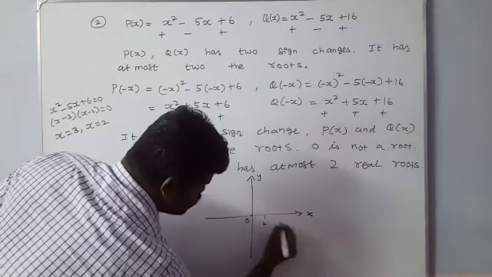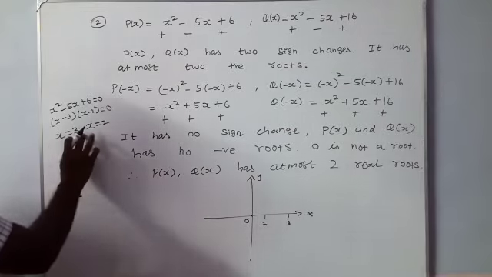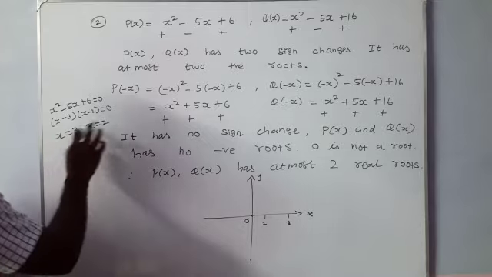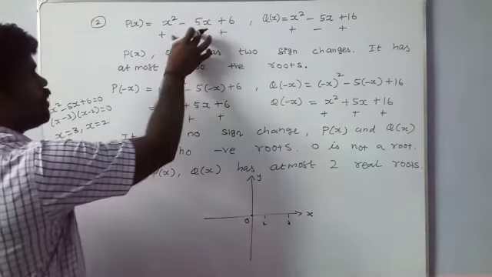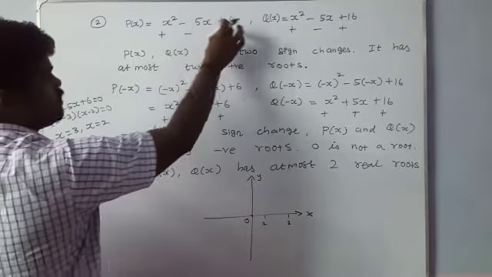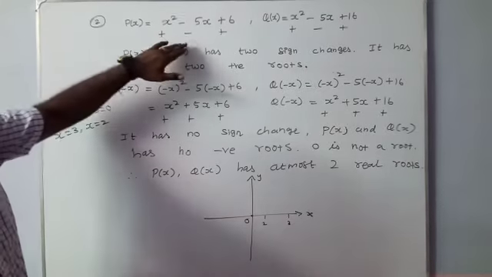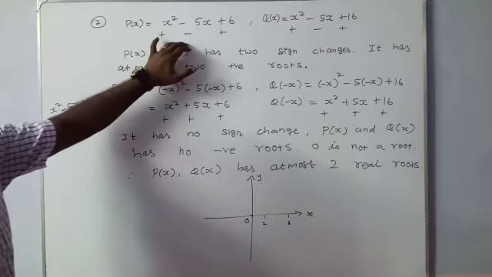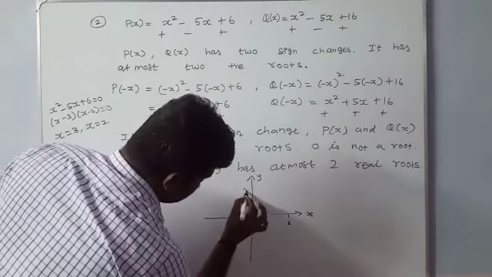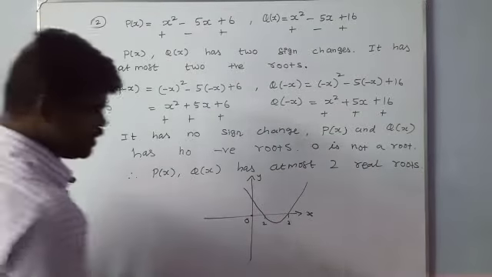In the graph, this is 2 and this is 3. This is the x-axis value. The graph of p of x intersects at 2 and 3. So this is a quadratic polynomial, a parabolic form. Since x square minus 5x plus 6 is an upward parabola, we draw the upward parabola to intersect these two points.